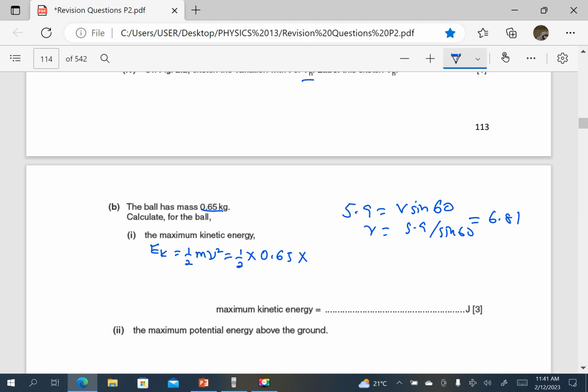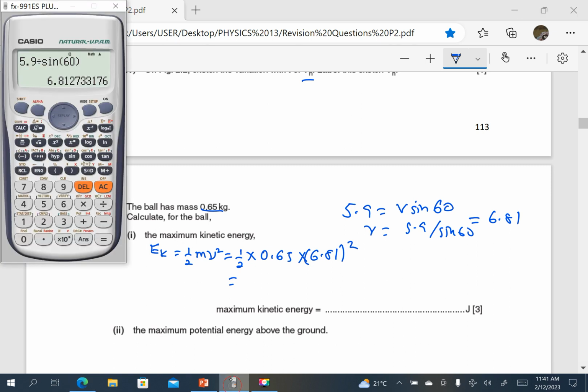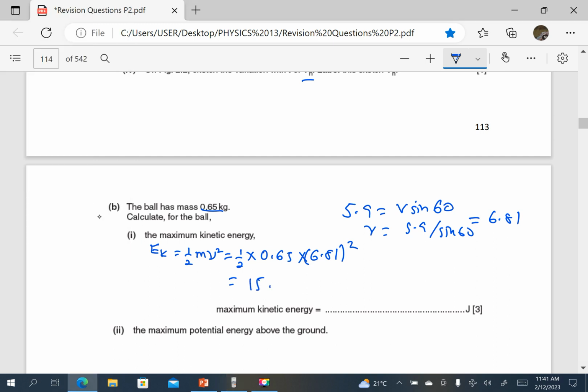So now I substitute this, that is 6.81, and this should be squared, times 0.65 divided by 2, and that is 15.1. So 15.1 is the maximum kinetic energy.